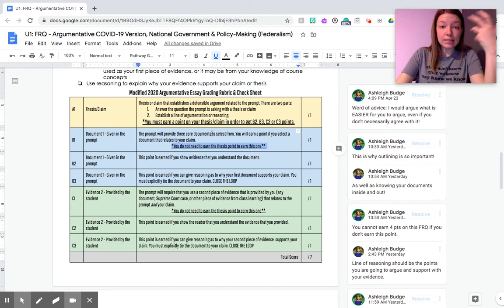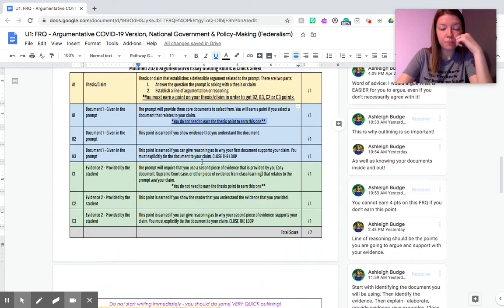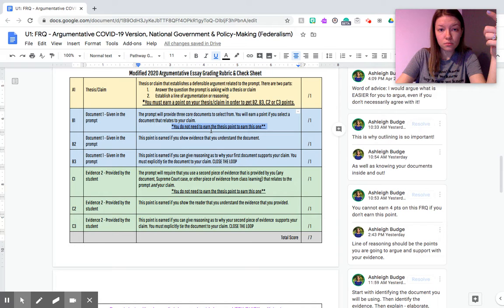So basically that's like a gimme point, right? If you talk about one of the documents that they listed in the prompt, so these 3 that were up here, you can still earn a point. You can earn a second point by talking about a second piece of evidence that you provide that relates to your prompt and claim.